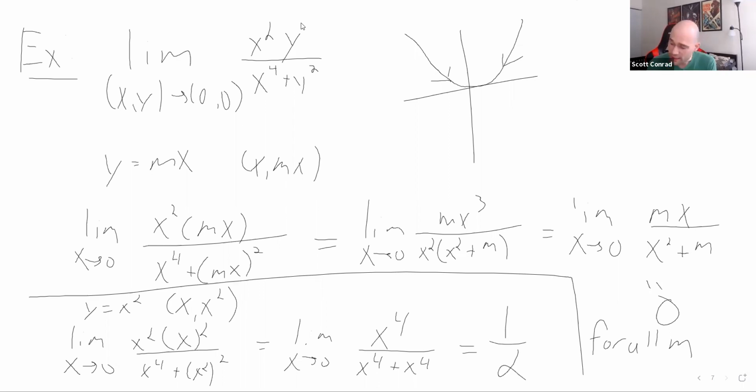So when we check along the straight lines, we get 0. When we check along this parabolic path, we get 1/2. Those are different paths which give different limits. So the limit does not exist.